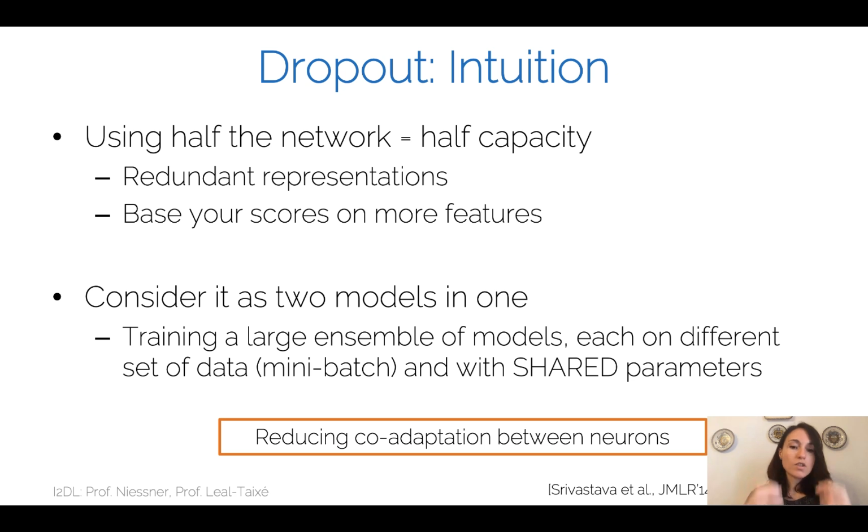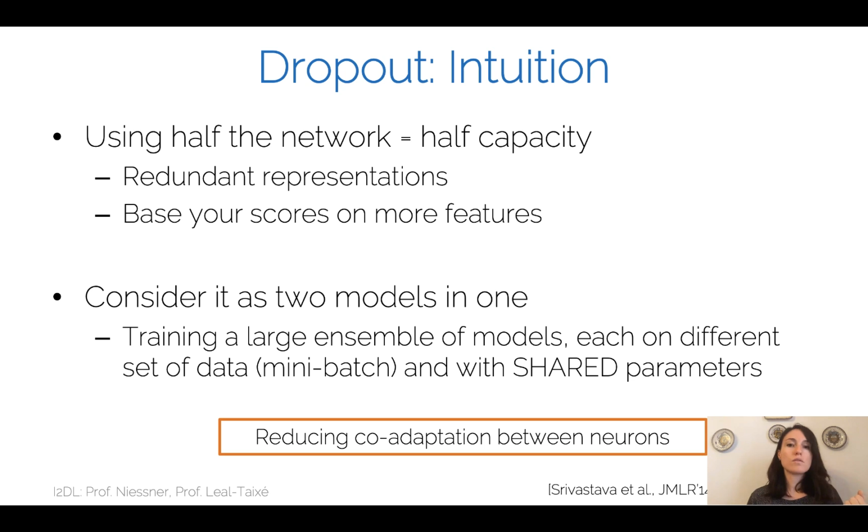And eventually what this leads to is a reduction in co-adaptation between the neurons. That is similar to the concept that I've explained before, that a neural network has two neurons that are very good at detecting eyes, and therefore all the other neurons ignore the eye area completely because they know that they can rely on those two neurons to detect the eyes.